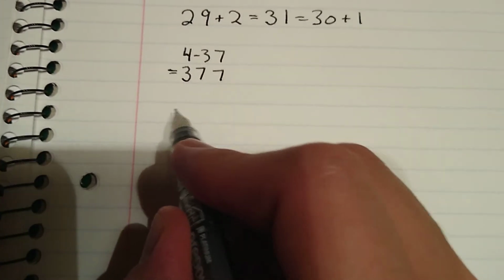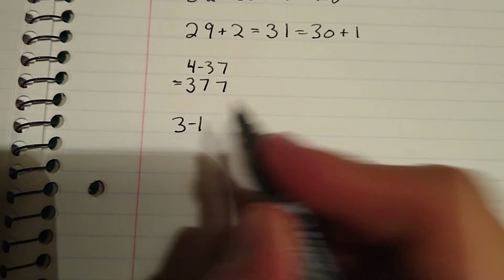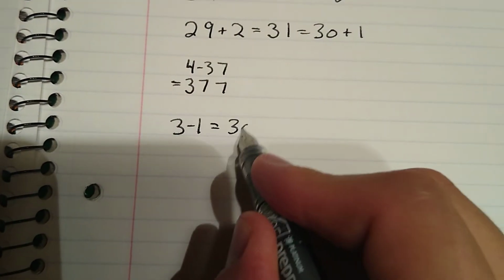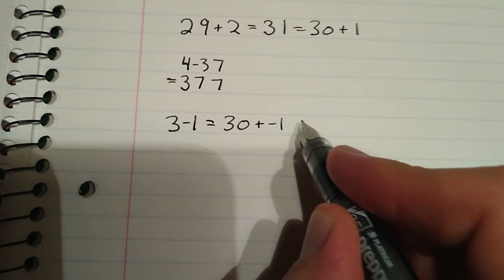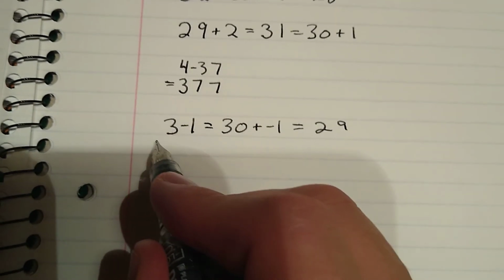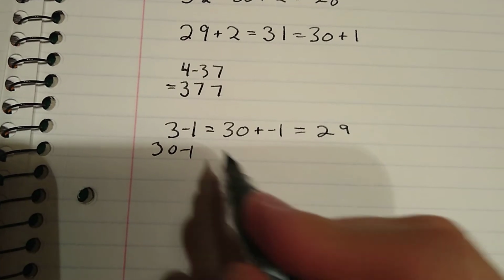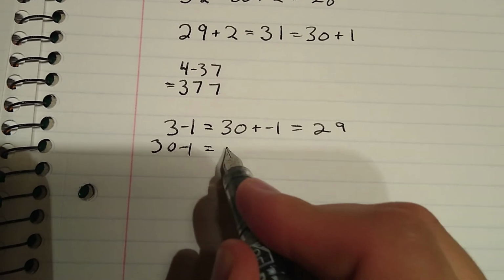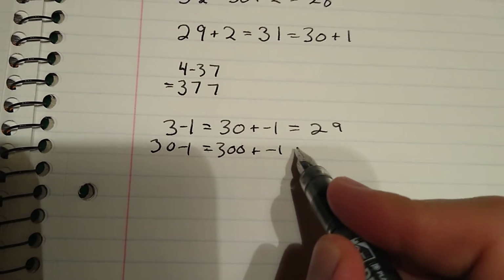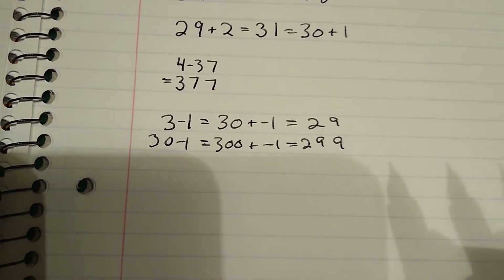Other things. Say we have 30 negative 1. Right? 30 negative 1 is 30 plus negative 1, which is 29. What if we have 300 negative 1? 300 negative 1 is 300 plus negative 1, which is 299.